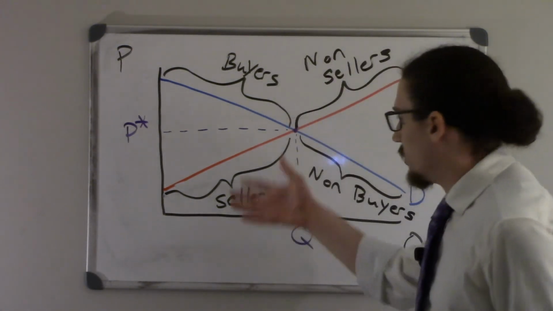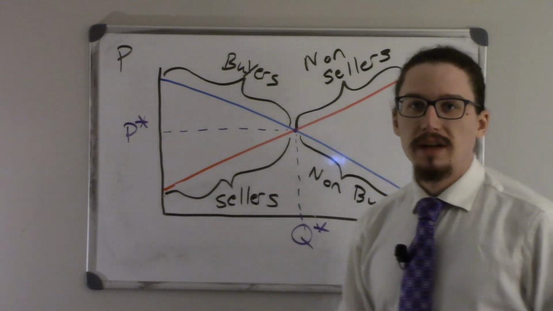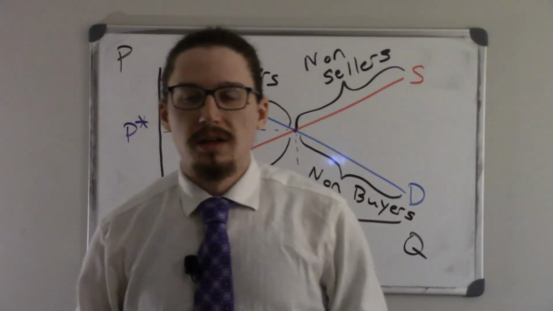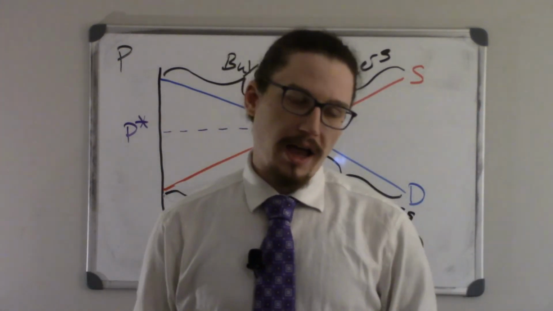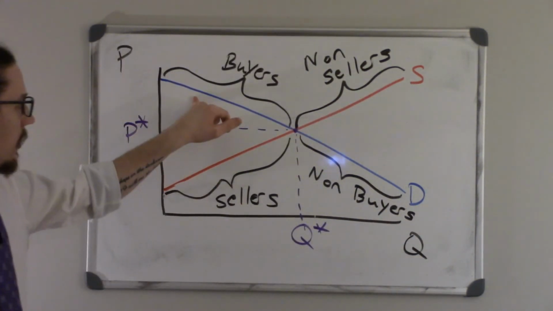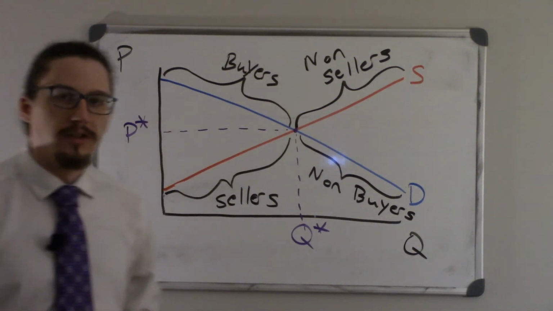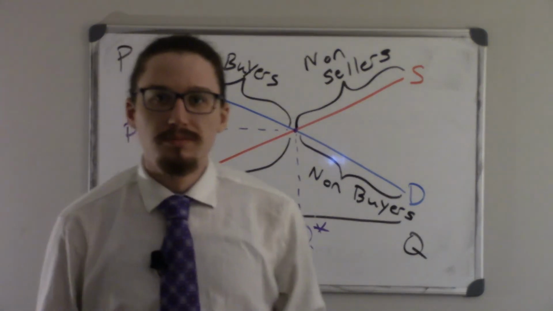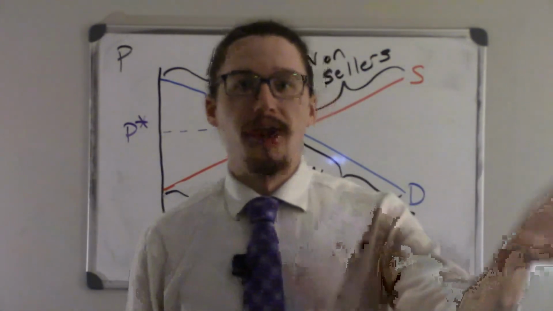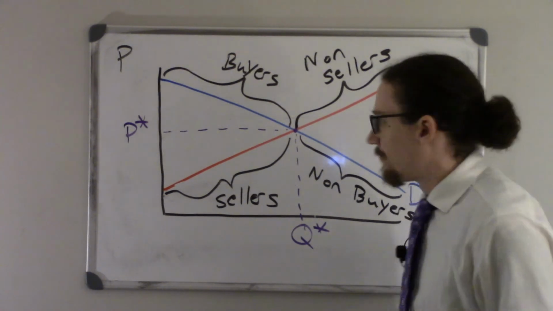They were willing to sell their good at a low enough price that they were able to outcompete the other producers and have consumers choose their goods first. This section of our demand curve represents those buyers who were able to outbid other buyers, and so were able to get that good.